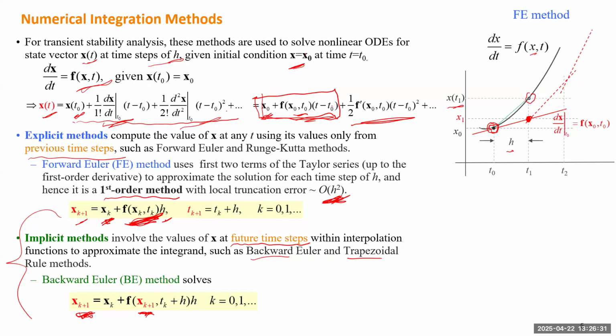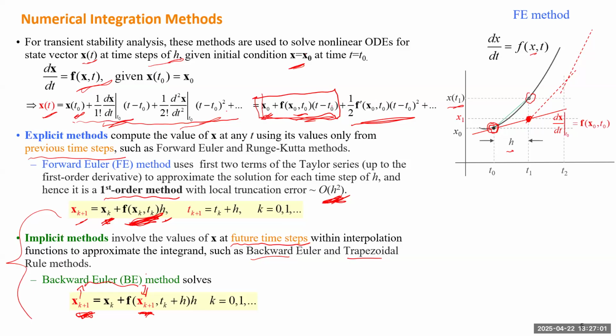So you have n nodes on both sides, and you have to do some iteration. So the answer is you cannot calculate this equation by one calculation as with the forward Euler method. You have to give this one some initial guess, then calculate, and plug it back in. So you have to go through some iteration until the x at k plus 1 on both sides have pretty close values. Then you can stop there.